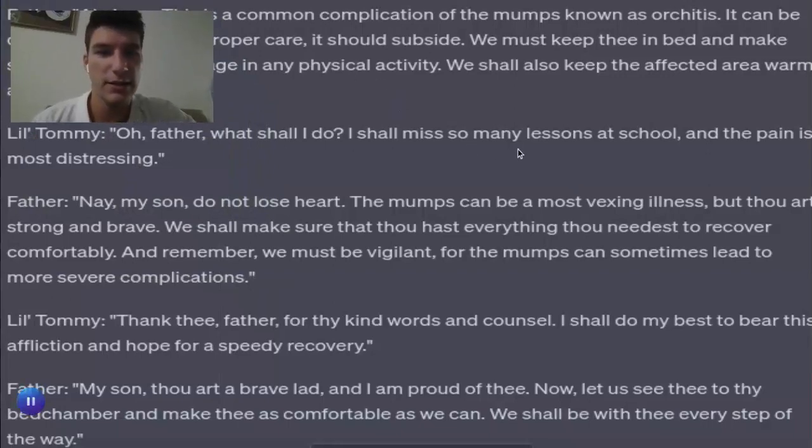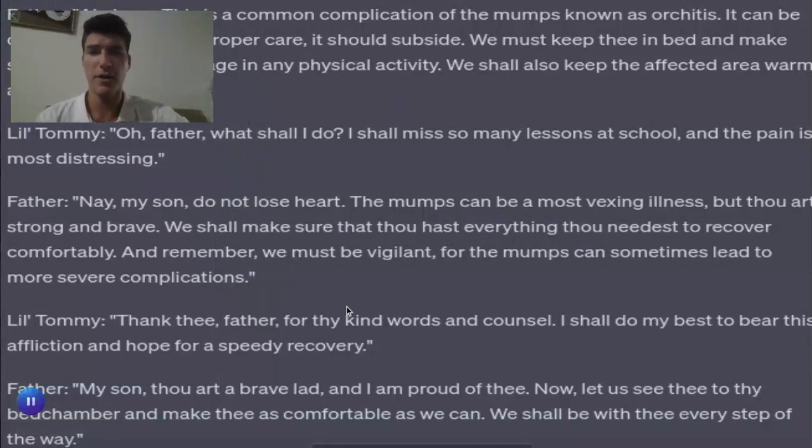I shall miss so many lessons at school, and the pain is most distressing. Nay, my son, do not lose heart. The mumps can be a most vexing illness, but thou art strong and brave. We shall make sure thou hast everything thou needest to recover comfortably. And remember, we must be vigilant, for the mumps can sometimes lead to more severe complications.